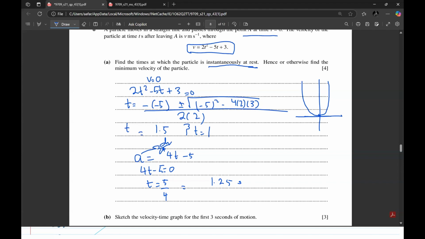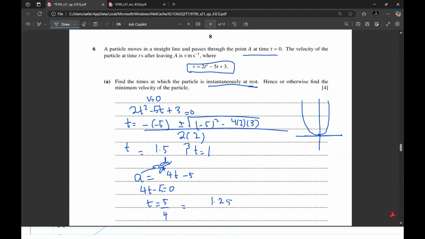So to find the minimum velocity, just put t equal to 1.25 back into v. So v we get is negative 0.125 meters per second. That is the minimum velocity. Understood? 4 marks. Easy.